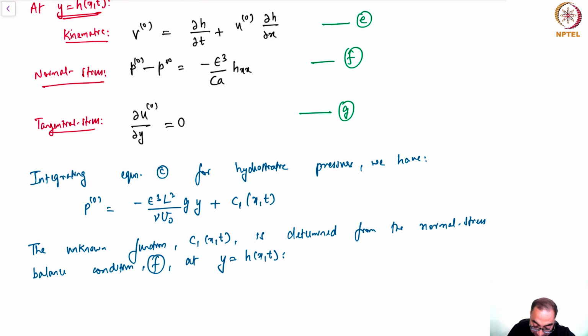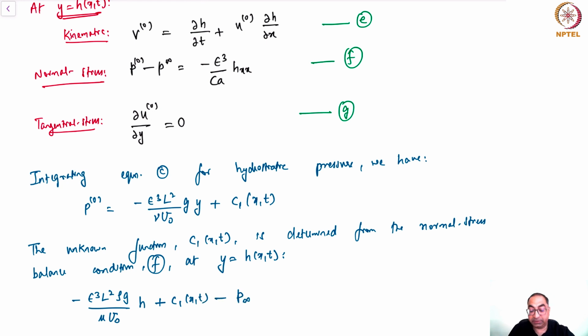So let's start by doing this. We have minus epsilon cube L square. I will replace the kinematic viscosity nu and write it in terms of dynamic viscosity. So I know that nu equals mu by rho. So I have rho g by mu u naught times h, this is at y equals h, plus C1 of x comma t minus p infinity.